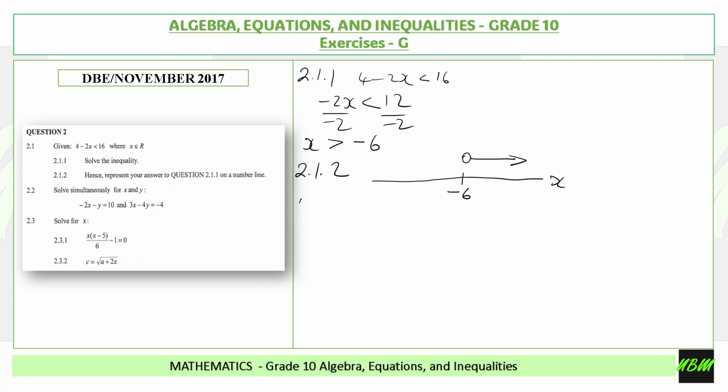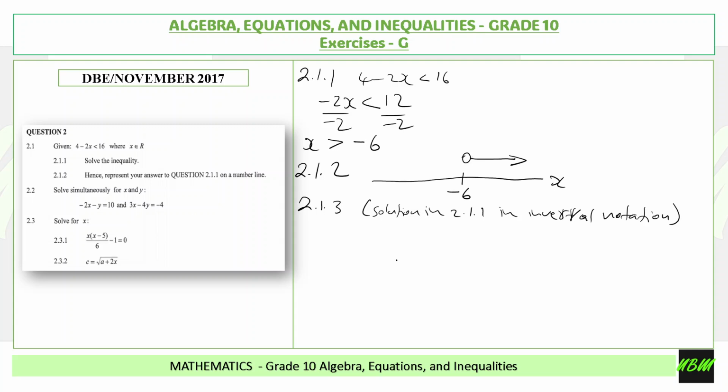Then let us add our own 2.1.3 by saying what? We must now represent the solution in 2.1.1 using the interval notation.